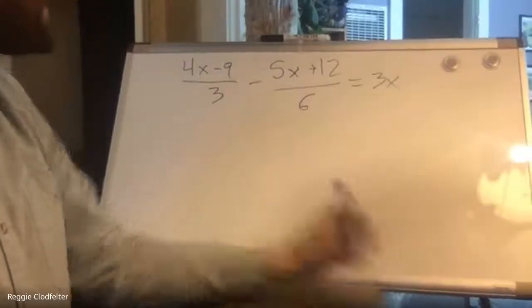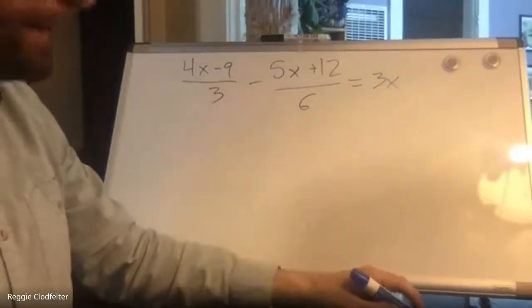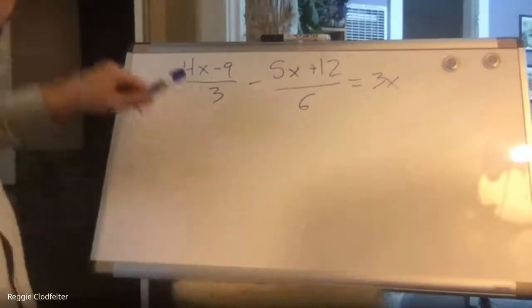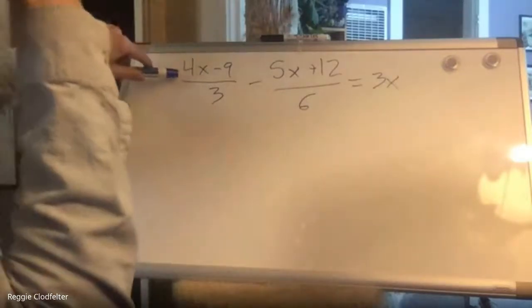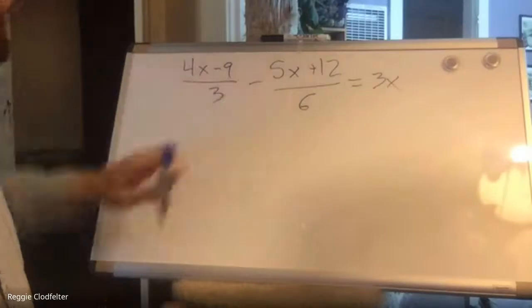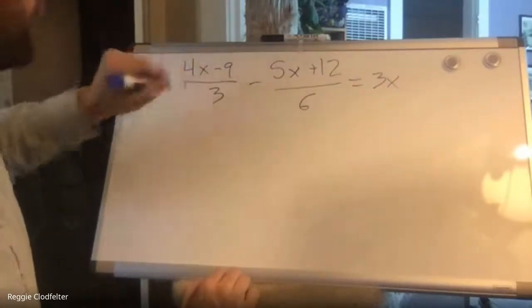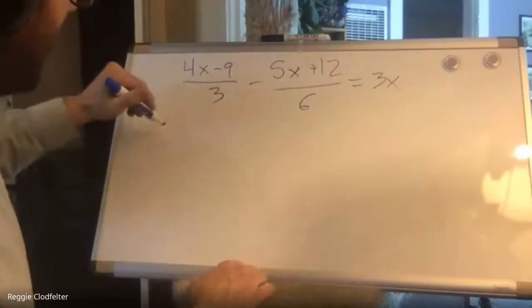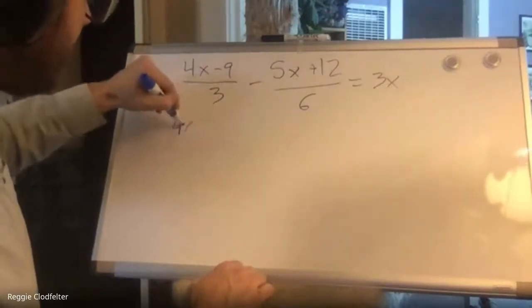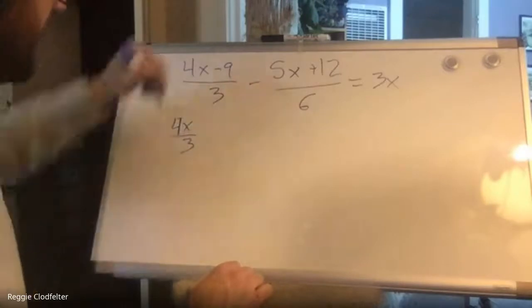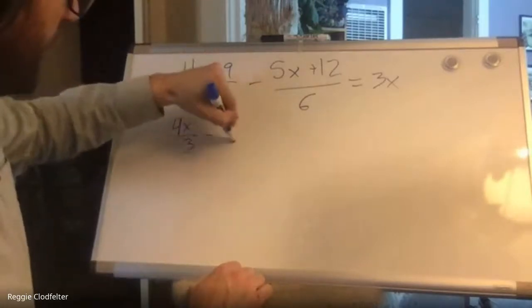Yes. Okay. So the way that makes this way easier for me is when I have, for example, 4x minus 9 over 3, you can break this apart. It's the exact same as saying 4x over 3 minus 9 over 3.